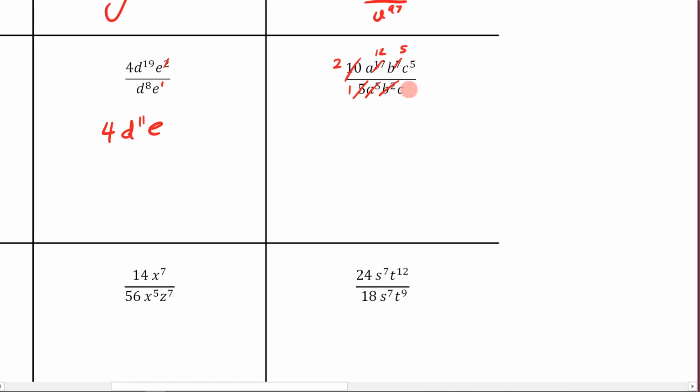And then for my c's, remember there's an invisible 1 here, so it's going to be 5 minus 1, which is going to leave me with 4 there. So my answer is going to be 2, a to the 12, b to the 5, c to the 4. And then there's a 1 in the bottom, but I don't have to write that. Because remember, anything over 1 is just that thing, so I don't have to put that 1 in.